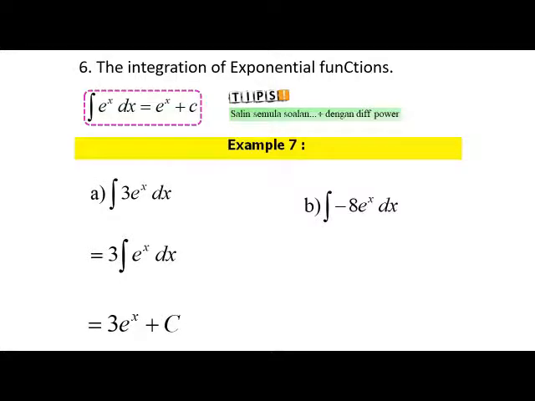Next, for part B here, first we have to factorize negative 8. So it should be equal to negative 8 times the integral of e to the x dx. Next, it will be negative 8 e to the x plus c. Simple.